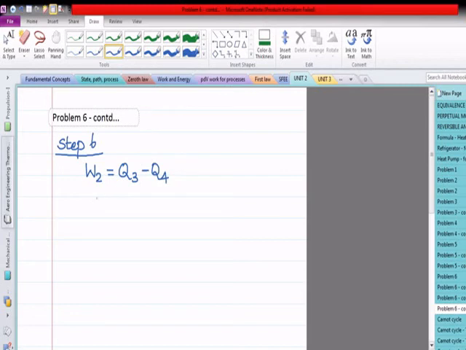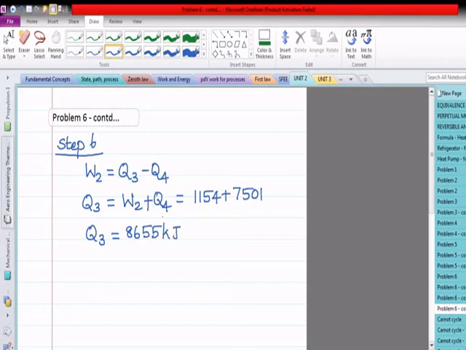Therefore I write Q3 is equal to W2 plus Q4. Value of W2 is 1154 kilojoule and Q4 is 7501, and therefore Q3 is equal to 8655 kilojoule. Now we have the three required parameters Q2, Q3, Q4.